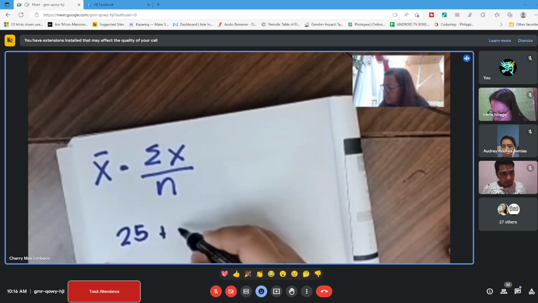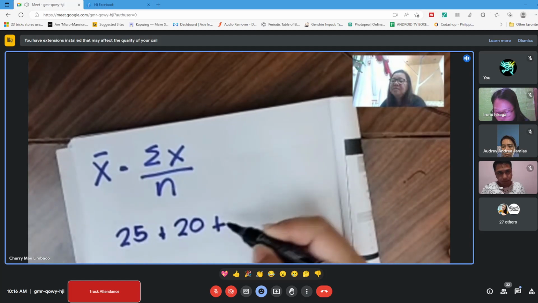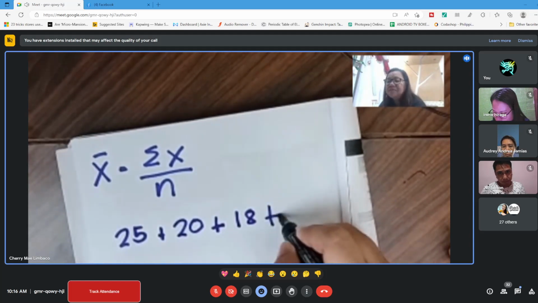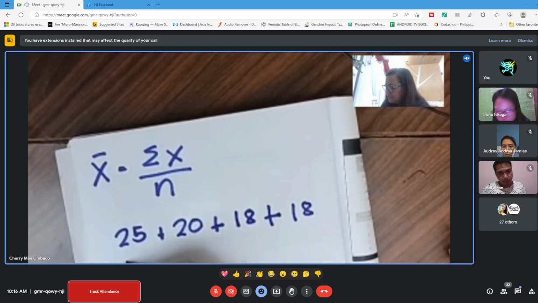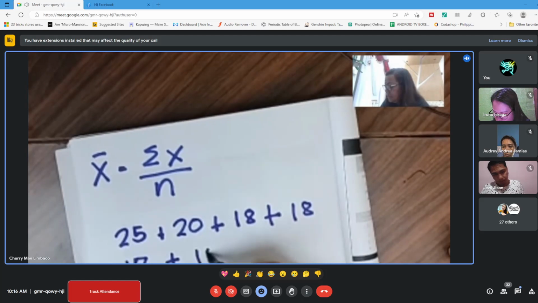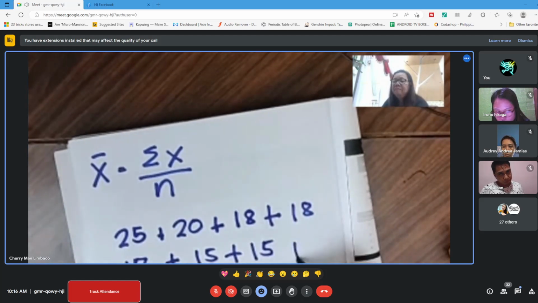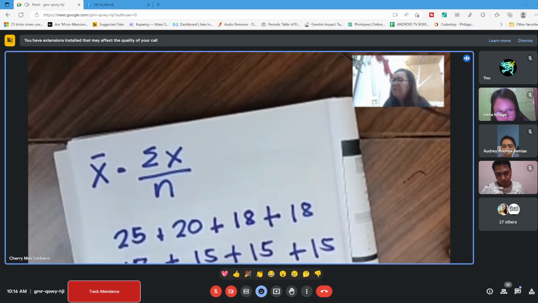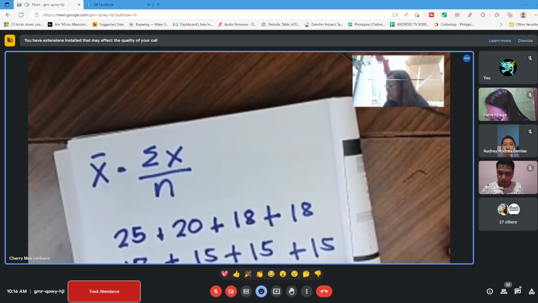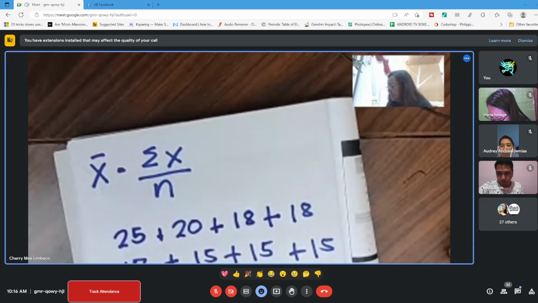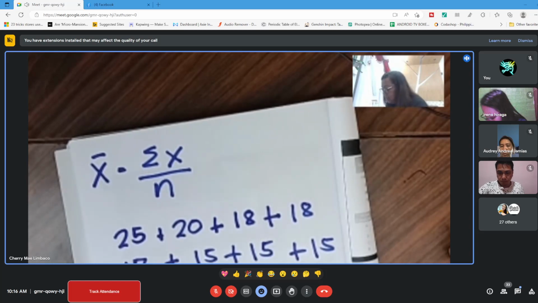25 plus 20 plus 18 plus 18 plus 17 plus 15 plus 15 plus 15 plus 14 plus 14 plus 13 plus 12 plus 12 plus 10 plus 10, all over the total number of cases or total number of respondents: 1, 2, 3, 4, 5, 6, 7, 8, 9, 10, 11, 12, 13, 14, 15.